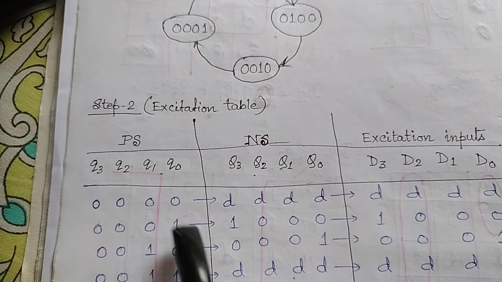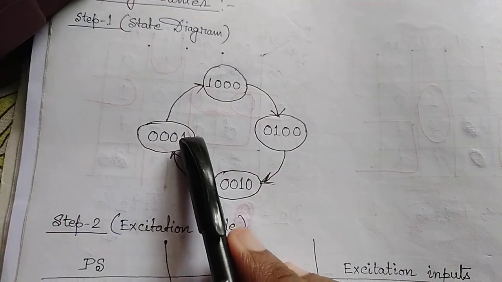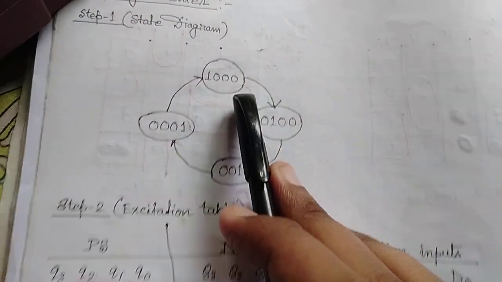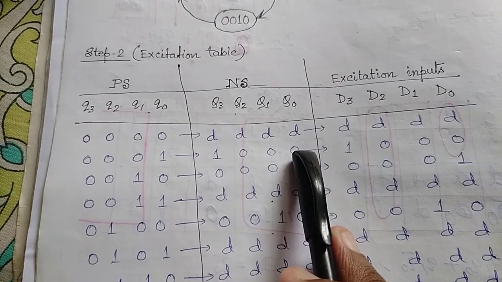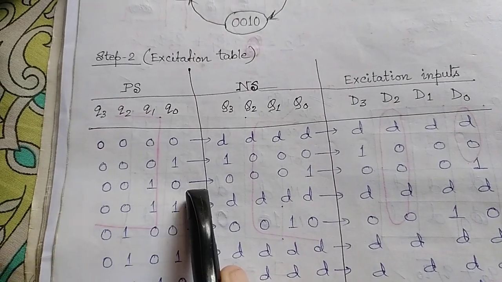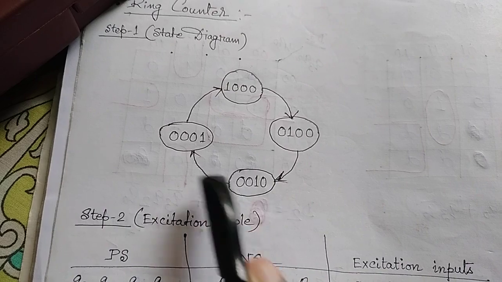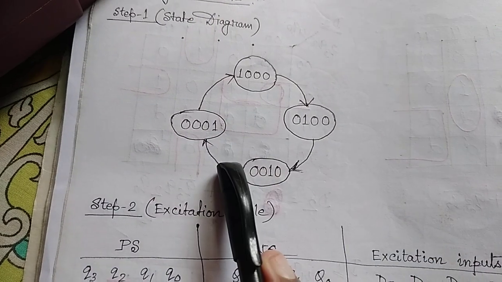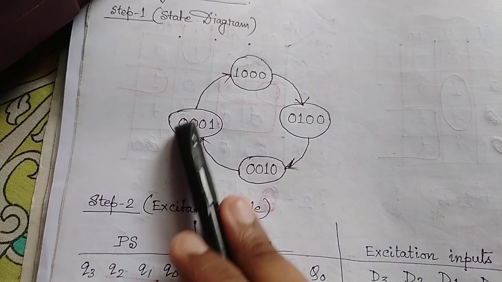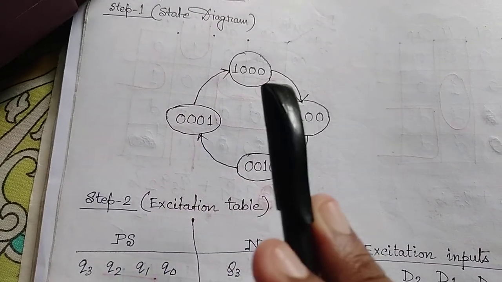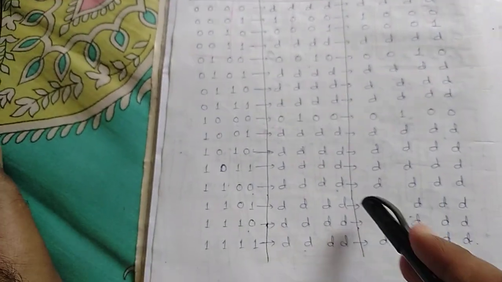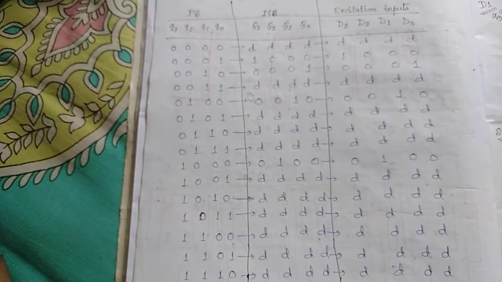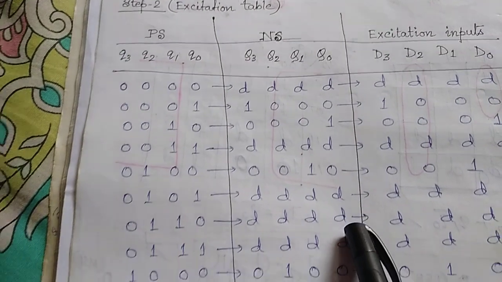Now 0001, the next state will be 1000. Then 0010, the next state is 0001. For 0011, there is nothing, you can find that 0011 is not in the diagram, so all the next state will be don't care. That's how you have to design this next state.